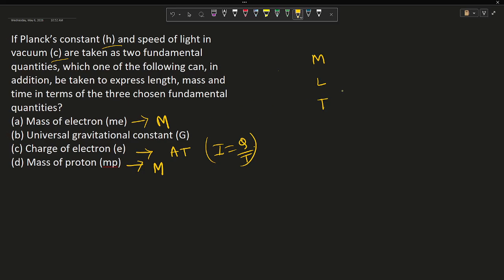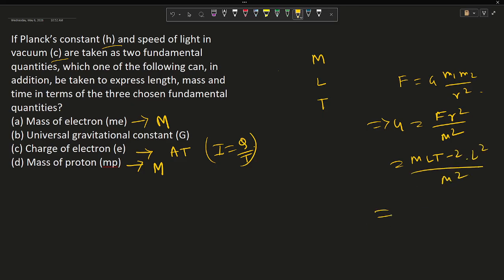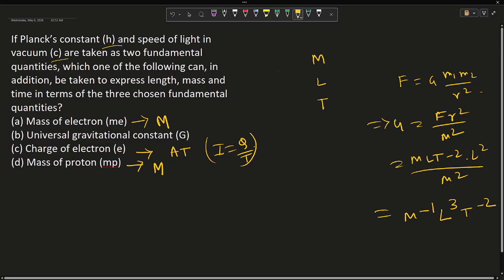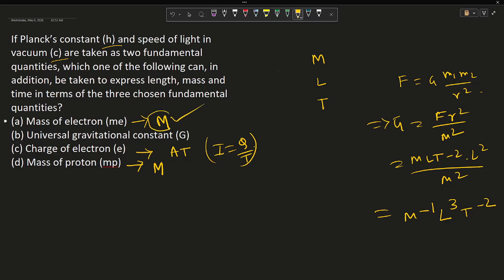So I has the dimension A and T is T. And gravitational constant G can be derived from this formula: F equals G m1 m2 by r square. So G equals F r square by m square. F is m L t to the power minus 2, so it will be m to the power minus 1 L cube t to the power minus 2. Now this one is possible because here the dimension is mass.